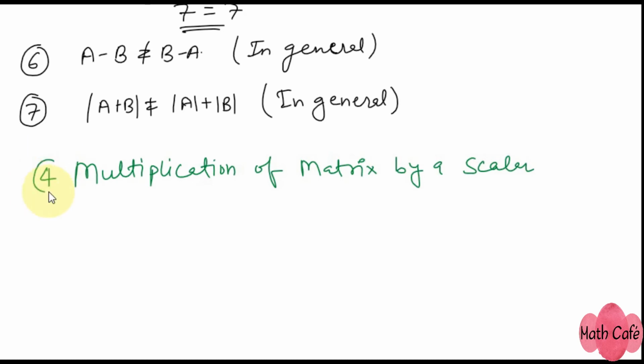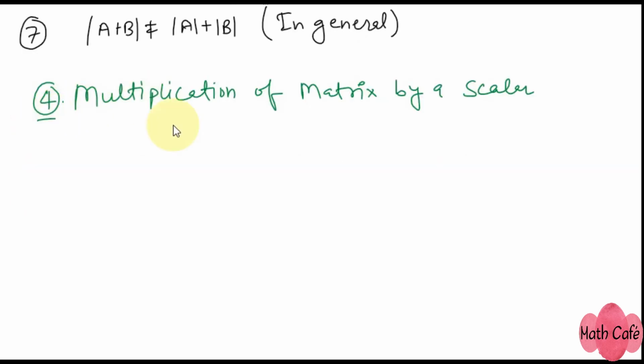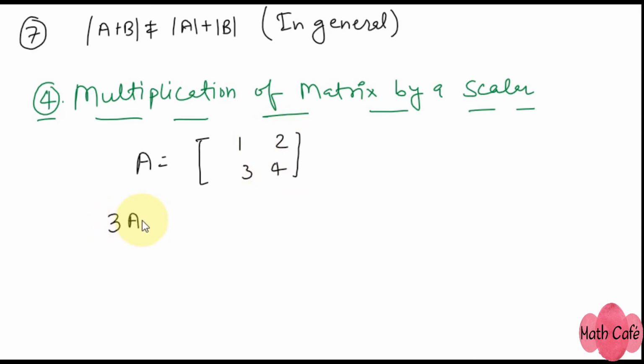by a scalar. That is point number 4. So that is another part of algebra of matrices, multiplication of a matrix by a scalar. Let's take a matrix A. If a matrix A is 1, 2, 3 and 4, and we need to obtain the value of 3A, how will I get this value?